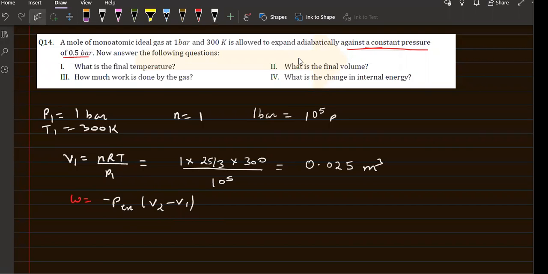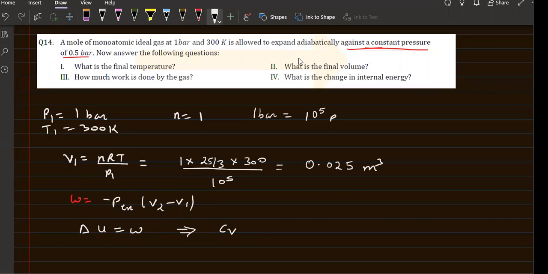Okay. Now let's see. Let's have the equation. So we know that for an adiabatic process, delta U is equal to W. How many of you remember this? So I can say that n is 1.